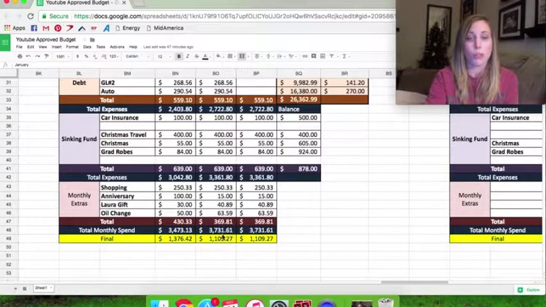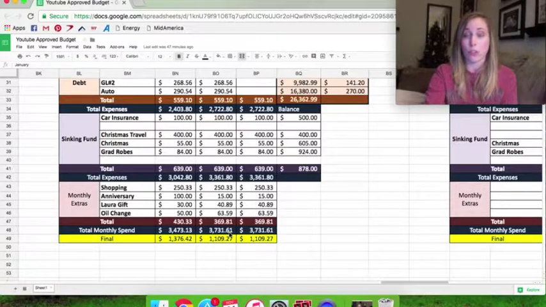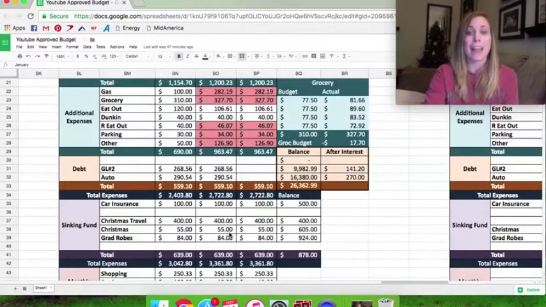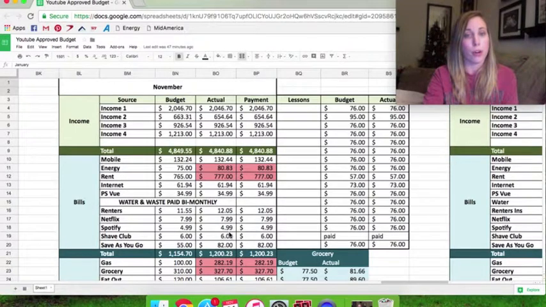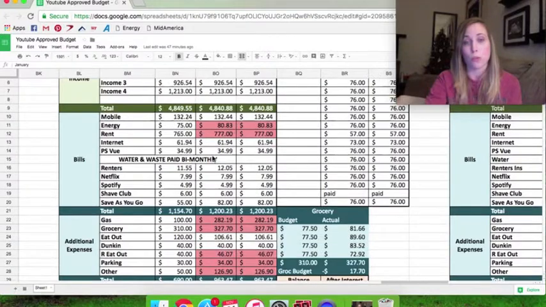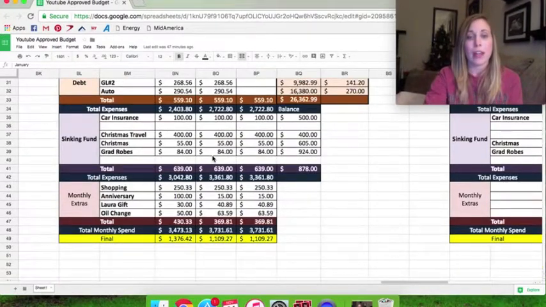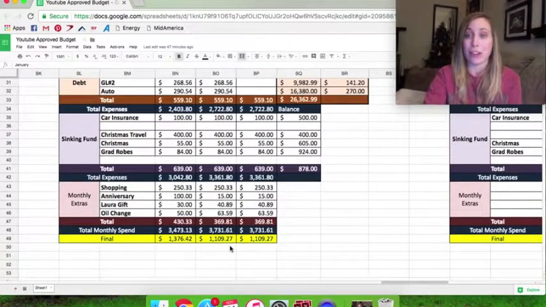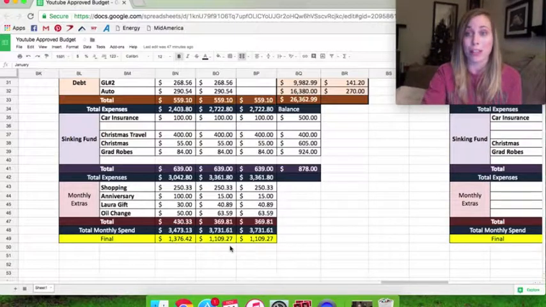And what I do is I take the total monthly spent, which was $3,731.61, and I subtract that number from how much we made, which was $4,840.88. Once those two numbers are subtracted from each other, it leaves you with the remainder, and I put all of that remainder straight to my debt.